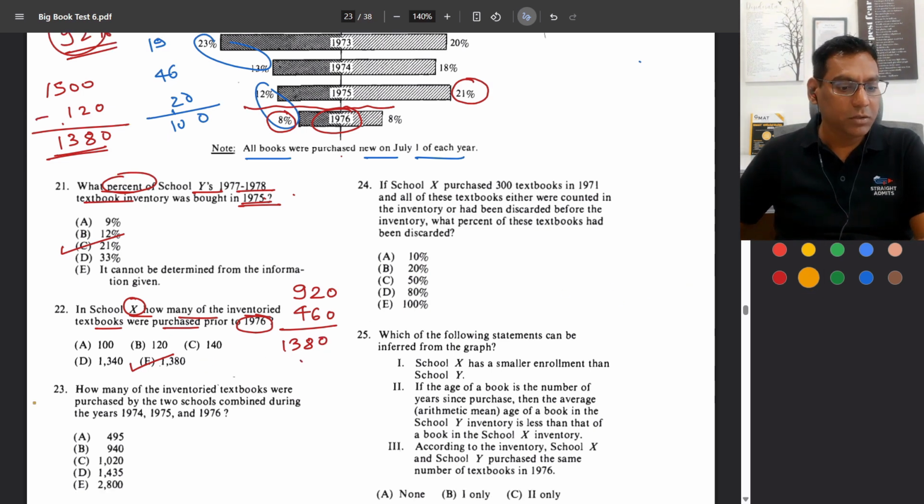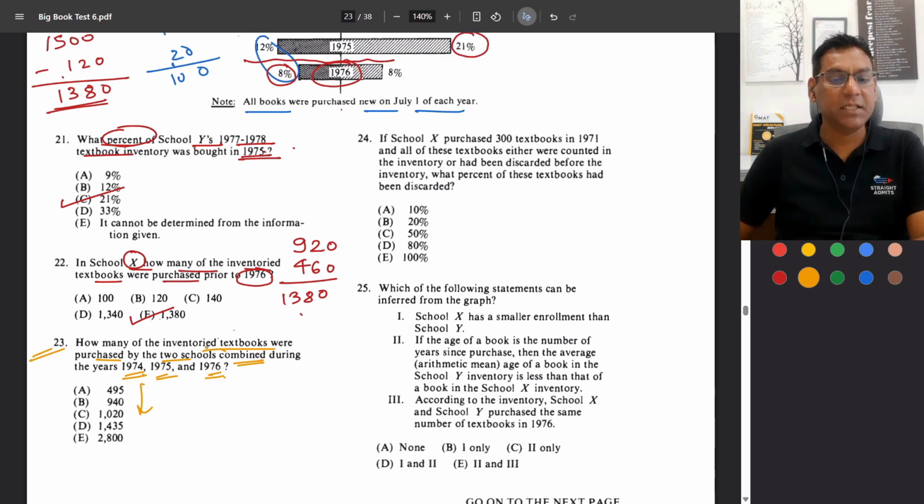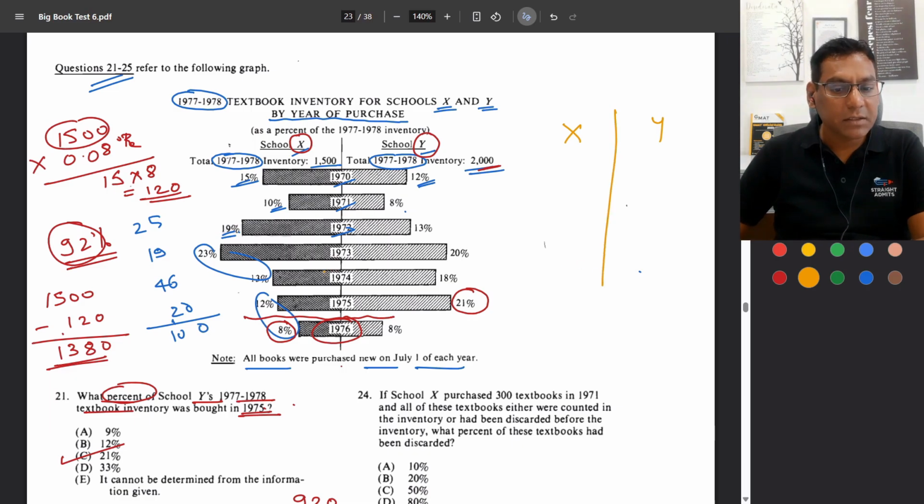Question 23. How many of the inventoried textbooks were purchased by the two schools combined during the years 74, 75, 76? I need the answer in absolute numbers. Let's do it for X and then for Y. For X, 74, 75, 76: that is 13 plus 20 plus 12 plus 8?